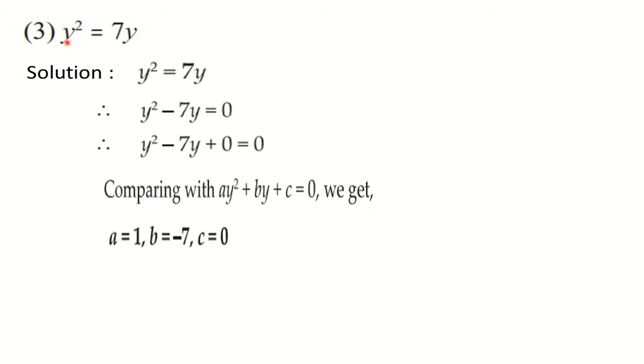Even though the variable here is different, while comparing you can always write ax square plus bx plus c is equal to 0. Here they have written it more specifically, so y is taken. So when we compare here, a is equal to 1, b is equal to minus 7 and c is equal to 0. This is, I think, a sure question.